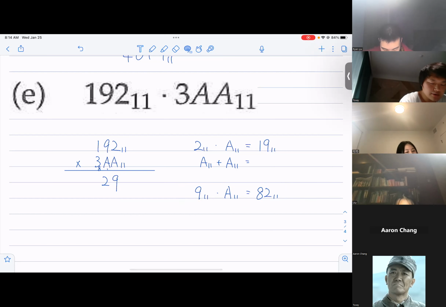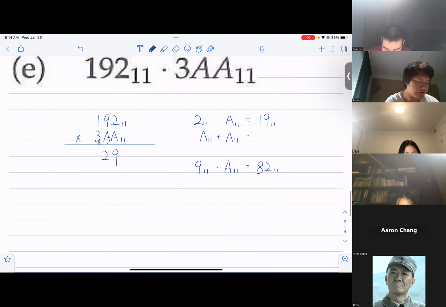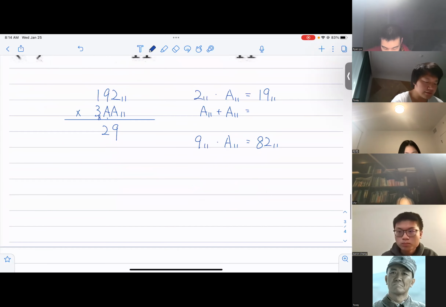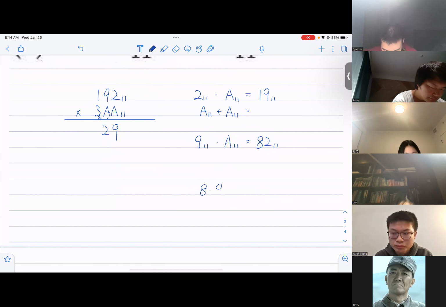Another way to do this, you can also do something like distribution, right? For example, let's use base 10 as an example, and let's show how to use that in base 11. So in base 10, say that you are doing 8 times 9.